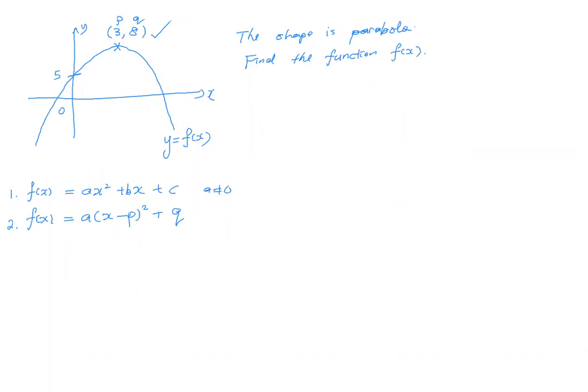So I can straight away say, okay, my f(x) is equal to a(x minus 3) squared plus 8. Okay, so how to find a then? Is it possible for me to find a? Yes. How to do it?